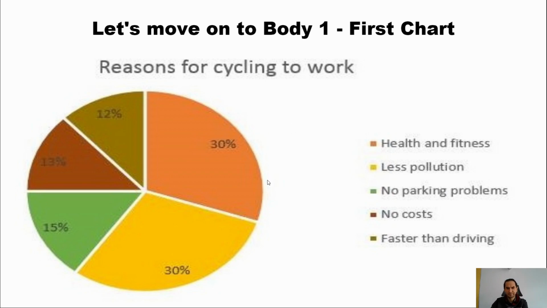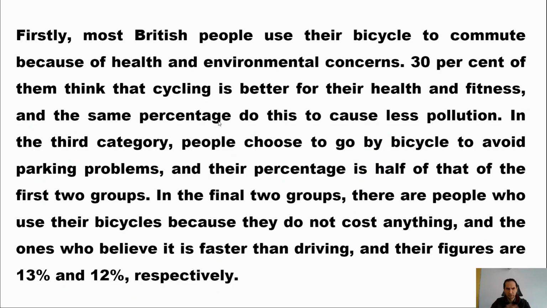So anyways, now look, 30, 30, 15, 13, 12, health and less pollution comes first, parking, cost, and then faster than driving. Okay, so, firstly, most British people use their bicycle to commute because of health and environmental concerns. 30% of them think that cycling is better for their health and fitness, and the same percentage do this to cause less pollution.